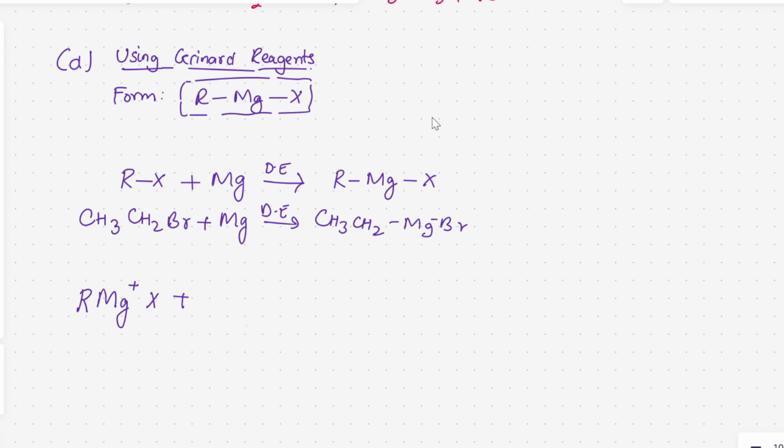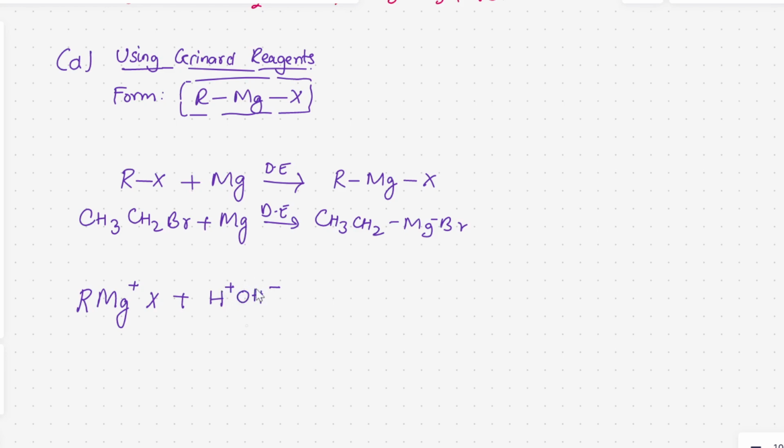Therefore, when a Grignard reagent is treated with water, alcohol, acid, or any proton donor, the alkyl group combines with the proton to give an alkane. Then water, again, it's a polar compound.